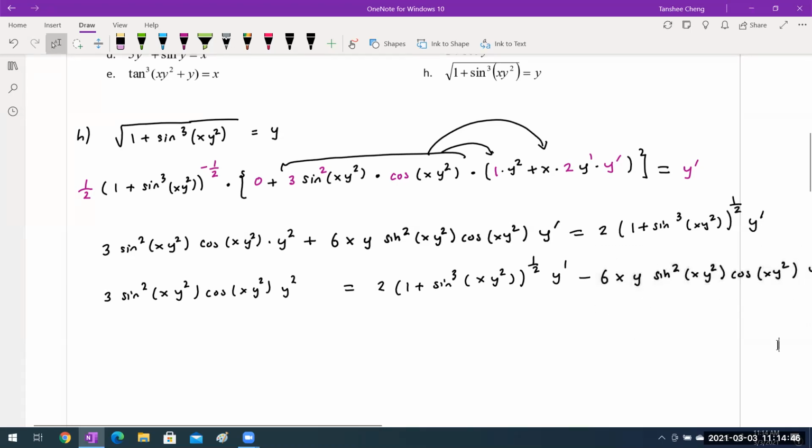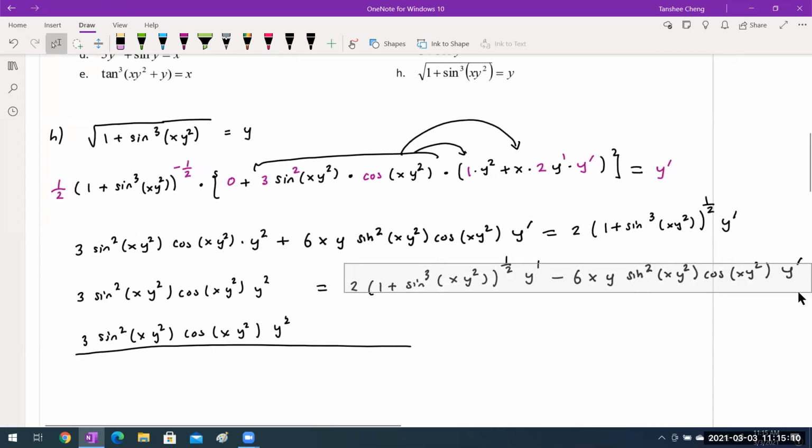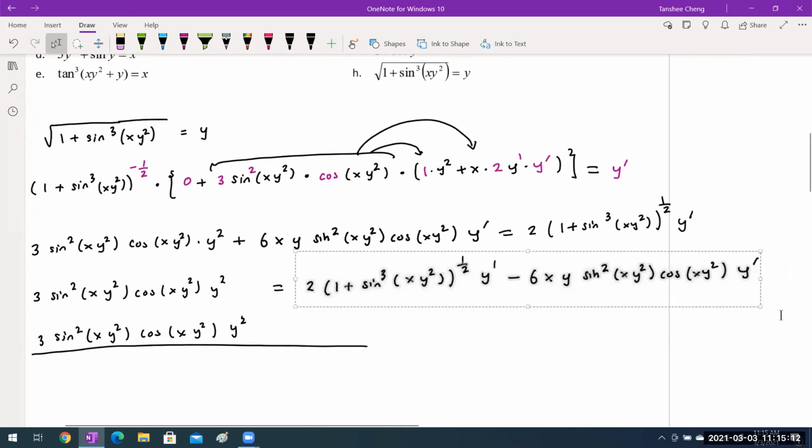So now I will factor out y prime and divide both sides by this whole thing.